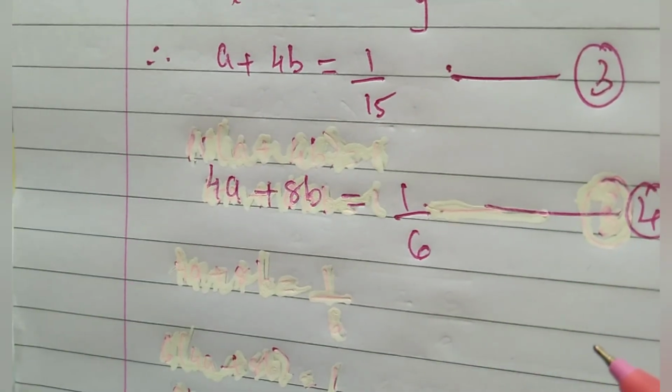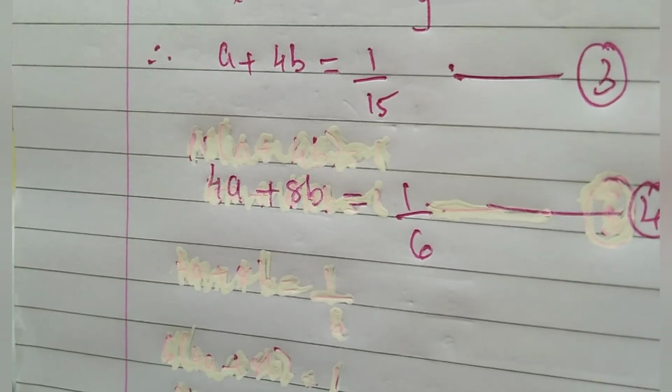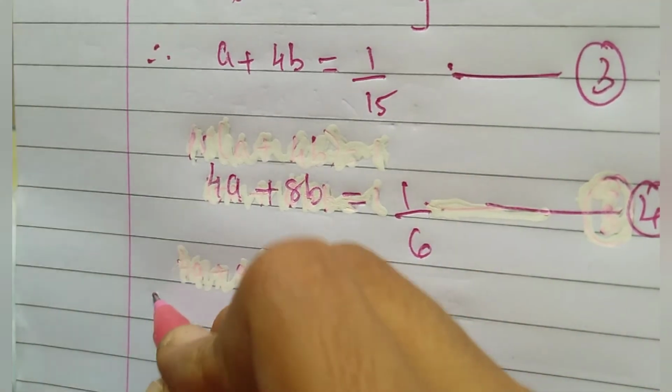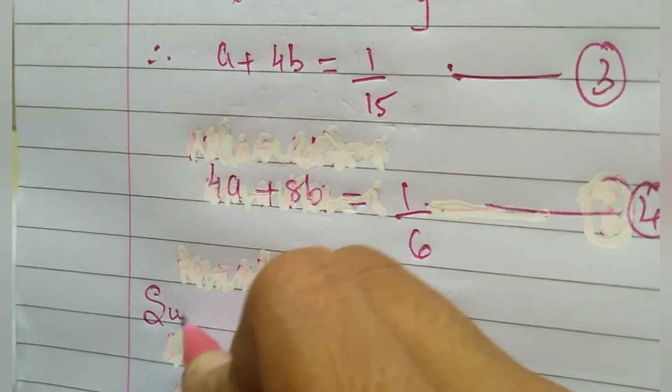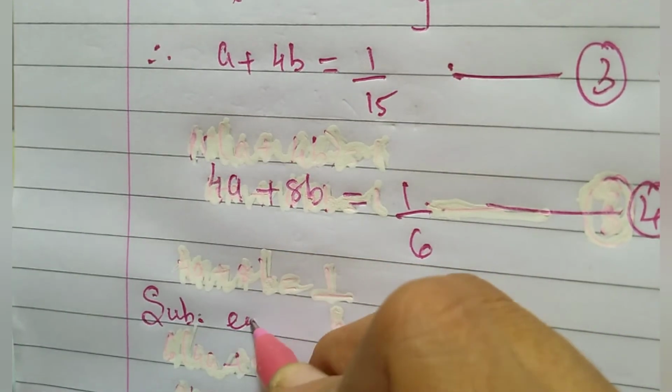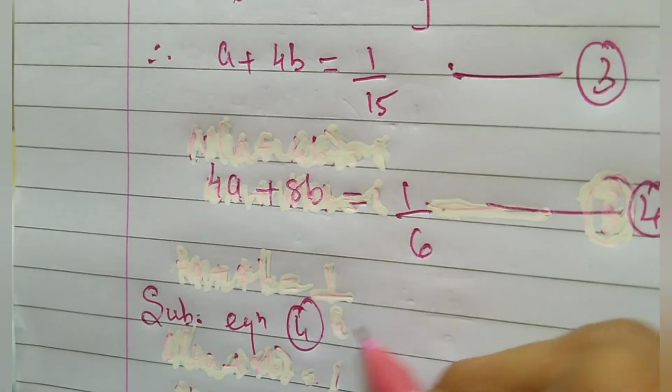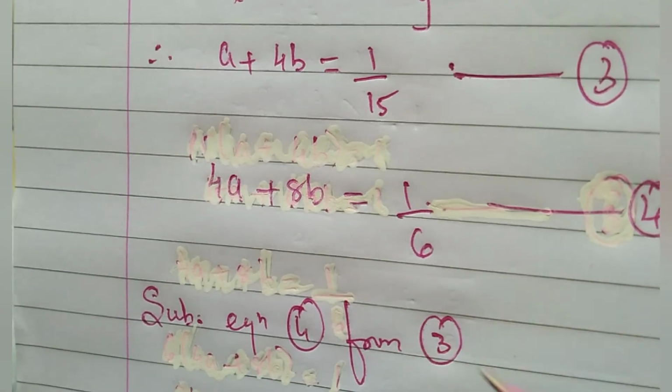Okay, now what we have to make? Same variable. So equation 3 into 4 and equation 4 into 1. So what we will write? Subtracting equation 4 from 3.